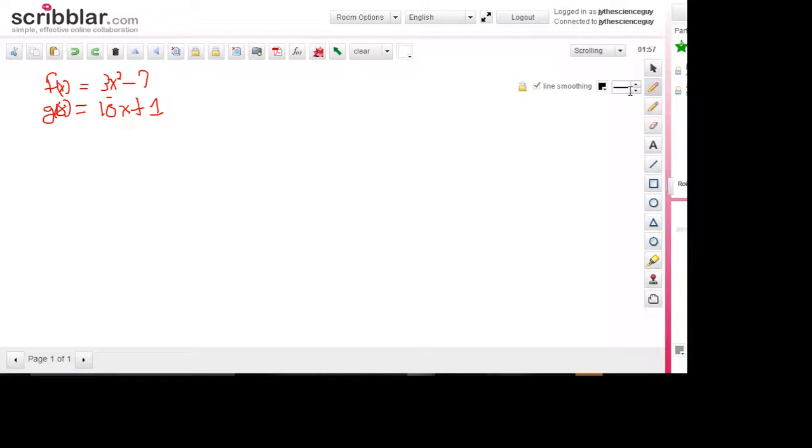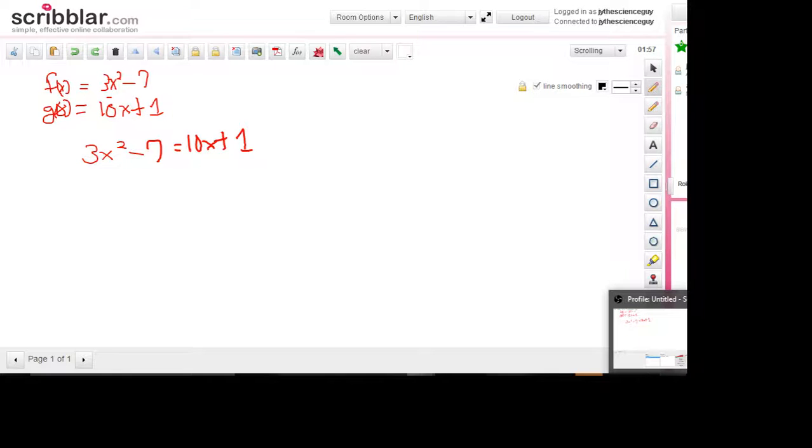And so you want to set them equal to each other. And so you want to solve for x, correct? Yep.